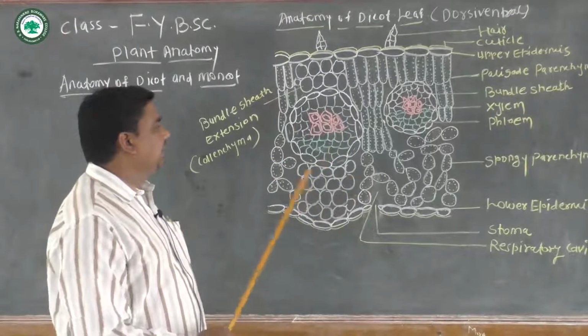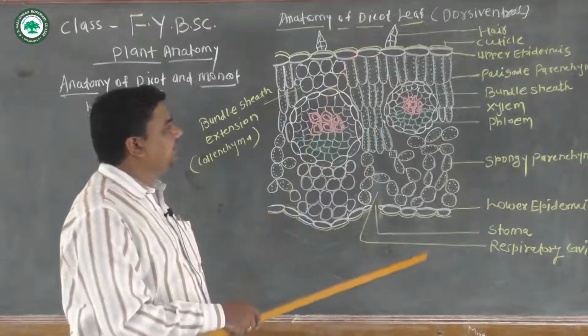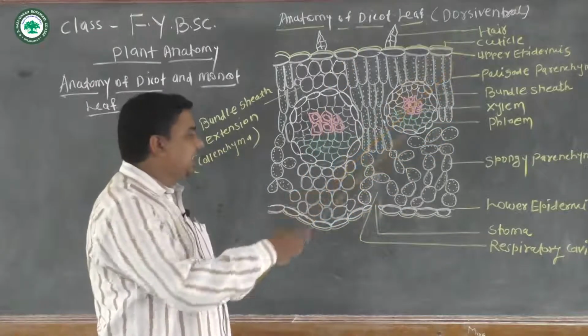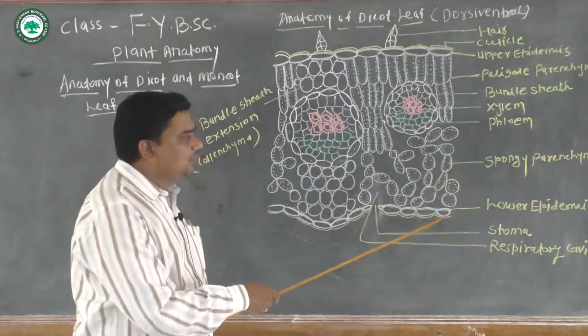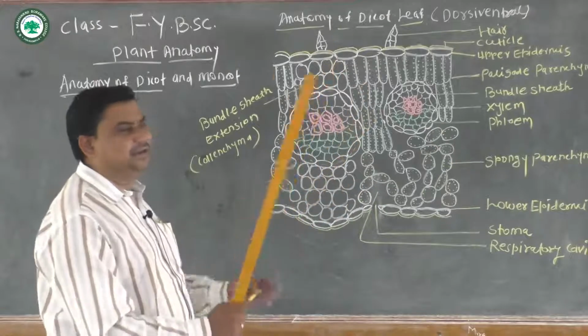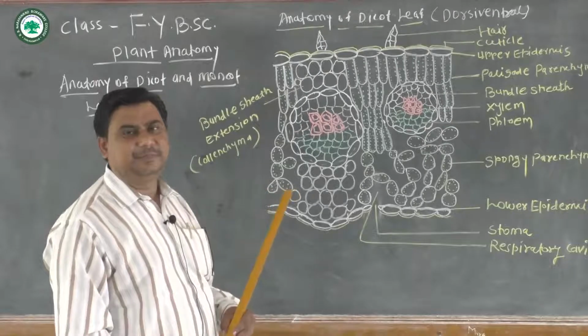So here again you can see the leaf is divided into the upper epidermis as well as the lower epidermis, and there is the sandwich of the mesophyll tissue between these two epidermis.